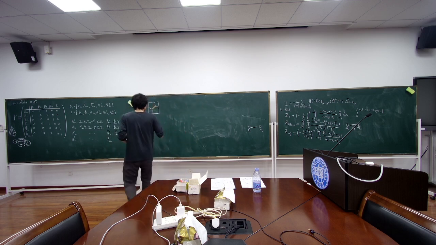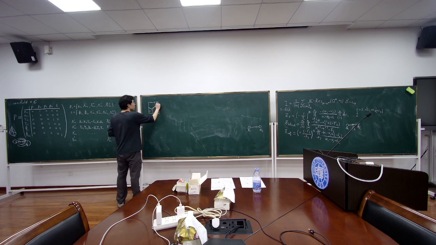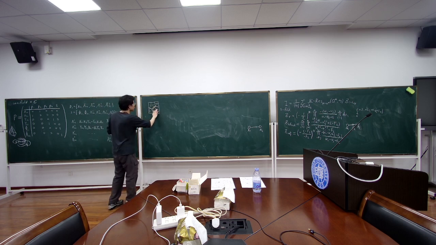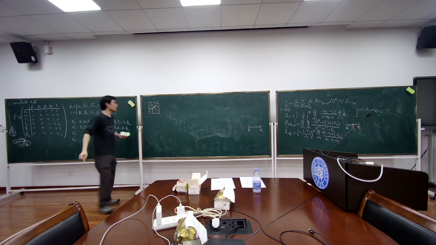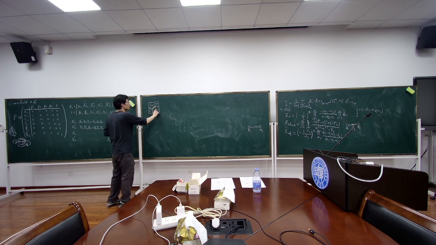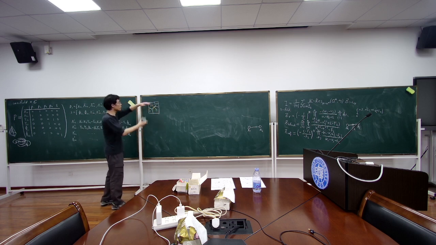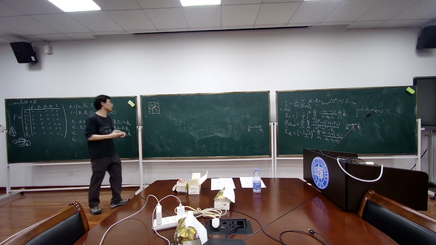We know each edge in the brane tiling is actually an edge in the quiver because it's the dual graph.